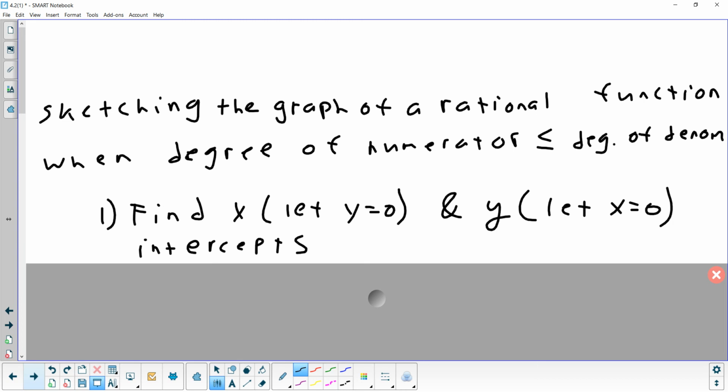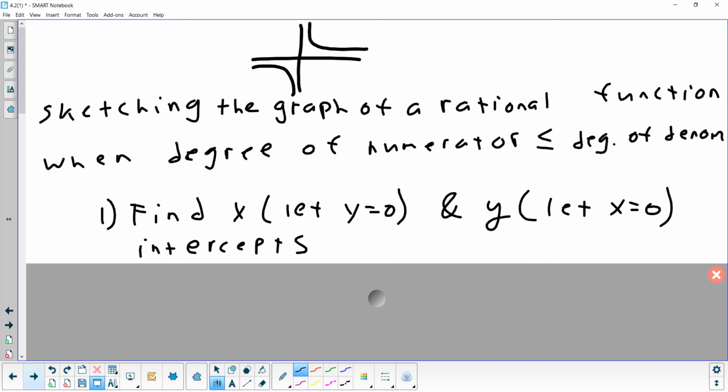Okay, so one thing you want to try to find, if you can, are the intercepts. Not every graph crosses the x and the y-axis. Here's a graph with no intercepts at all. It gets close to each axis, but it never actually crosses them. So you may not always have intercepts, but if you can find them, you should try to.